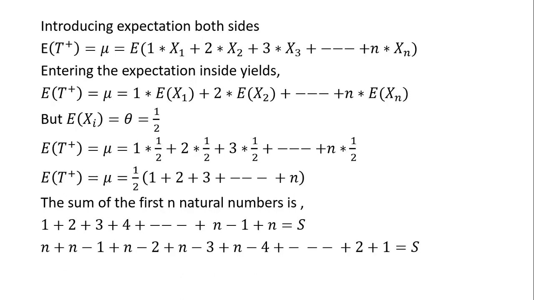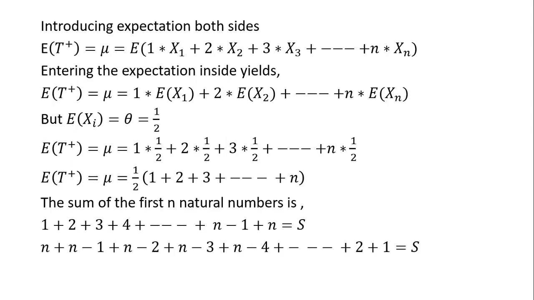Since these are independent random variables from a Bernoulli distribution, the expected value of each is p, or theta, which is a half. Substituting a half, E of T plus equals the first rank times a half, plus the second rank times a half, up to the nth rank times a half.